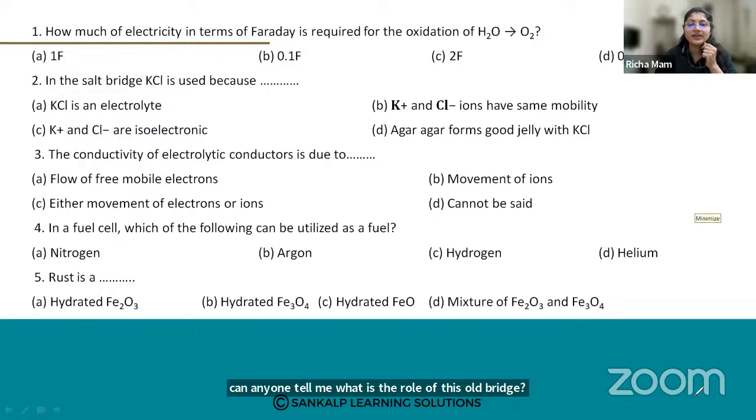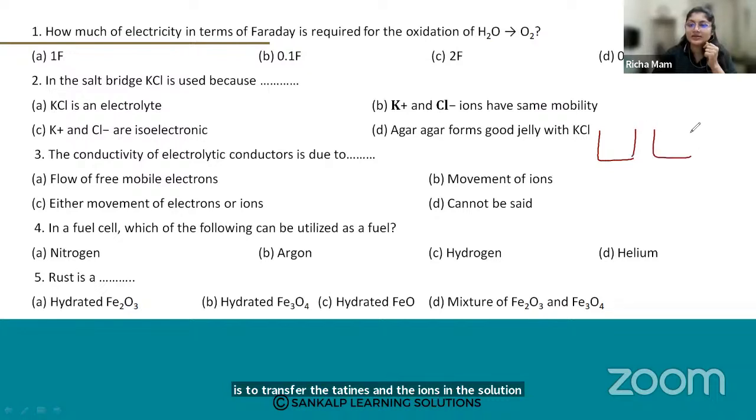The main function of the salt bridge is to transfer the cations and the anions in the solution. Two different beakers are taken, right? One has an electrode and its electrolyte, and the other has another electrode and its electrolyte.